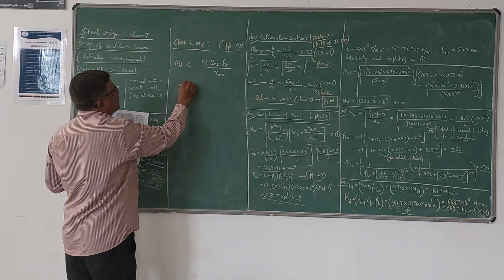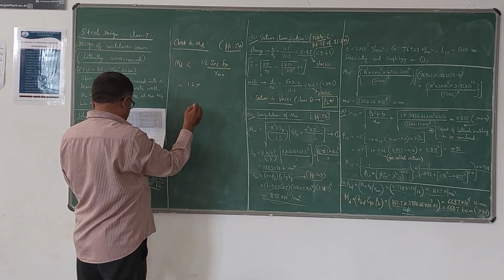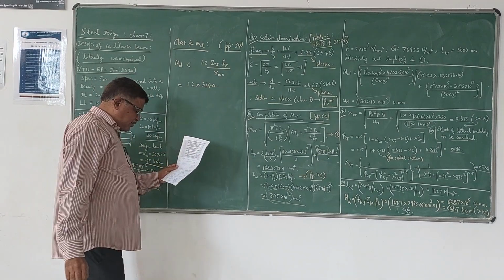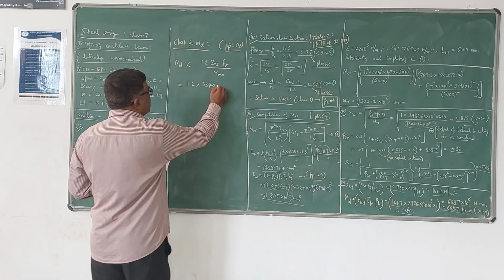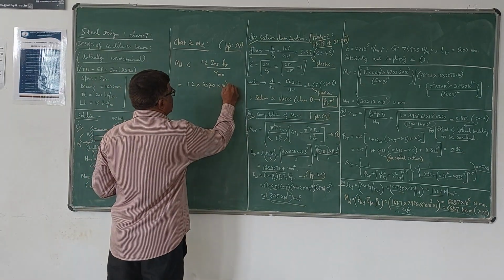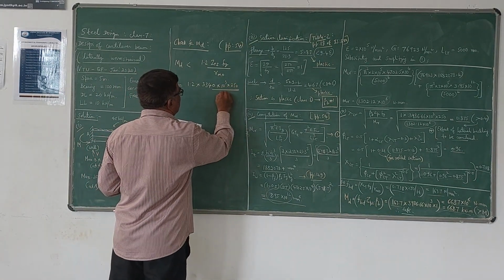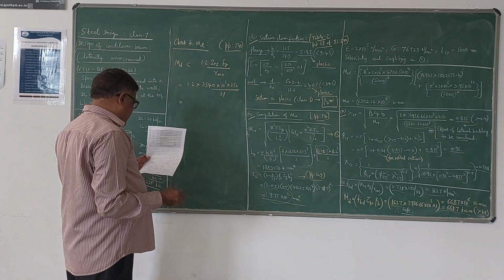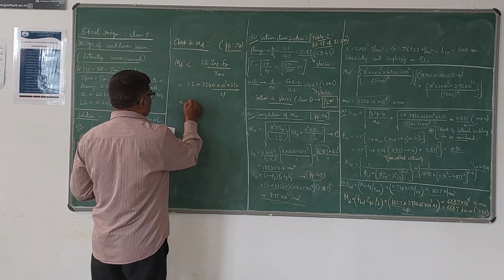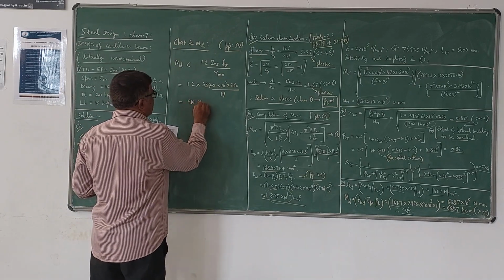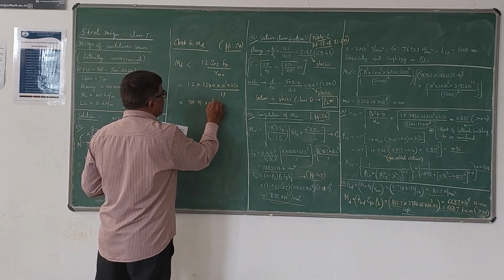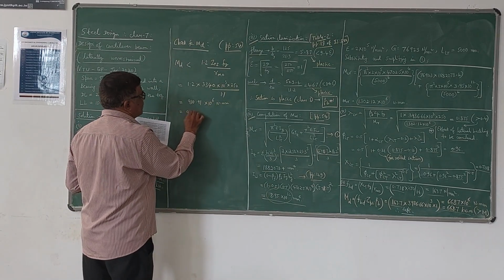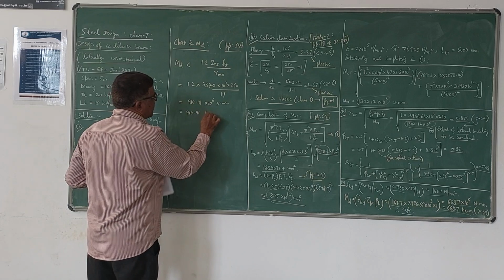So let us check that. 1.2 into ZEZ, which is 3340 for that ISWB 600, into 10 power 3 into 250 divided by 1.1. Whatever you get, it is 910.91 into 10 power 6 Newton millimeter, or 910.91 kilonewton meter.